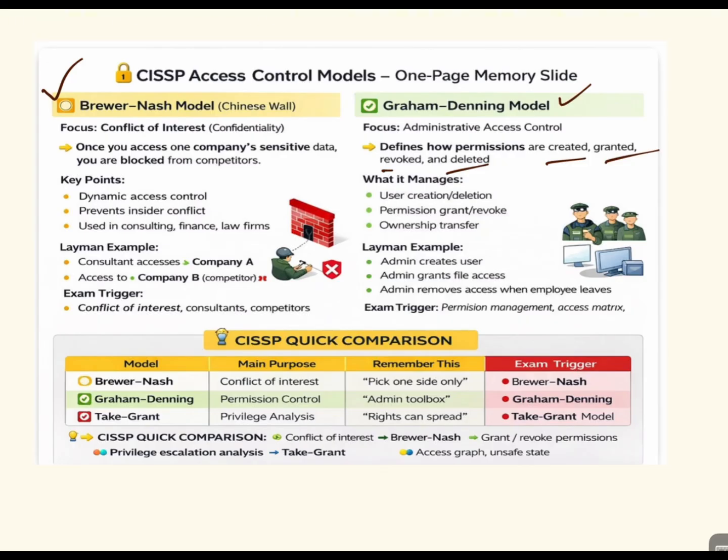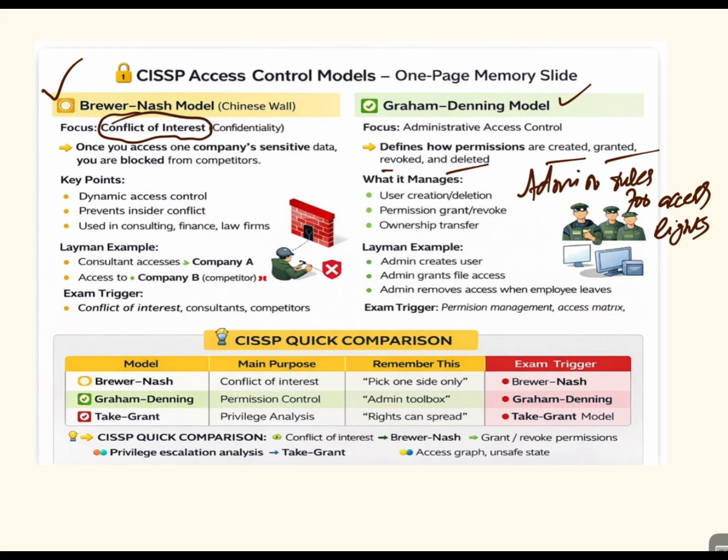Graham-Denning model: admin rules for access rights. And the Brewer-Nash model is conflict of interest.